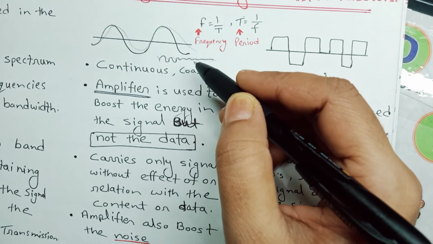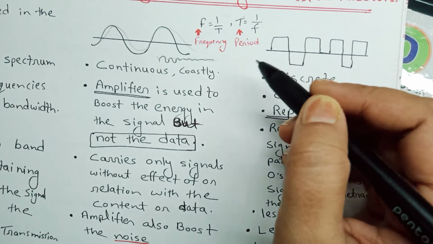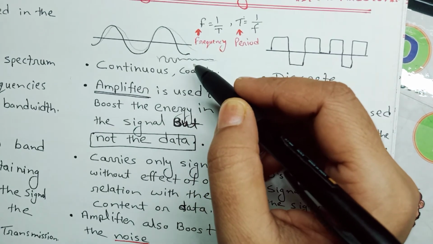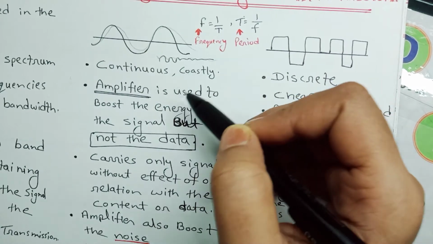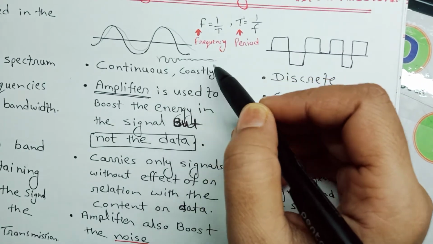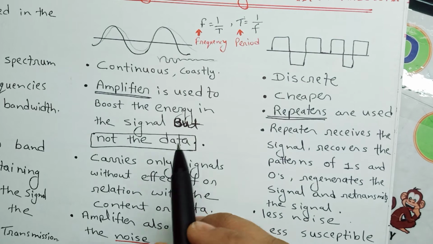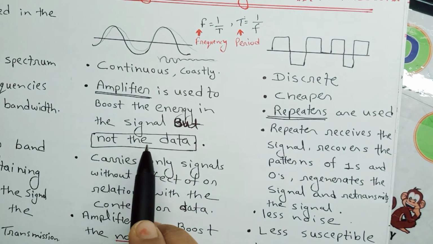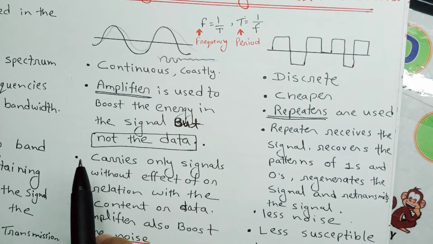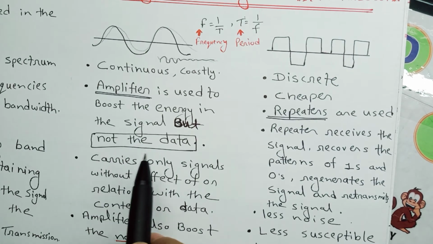In the starting portion the signal is transferred. Just like that, the amplifier boosts the energy of the signal again and again. But the amplifier can't boost the energy of data.